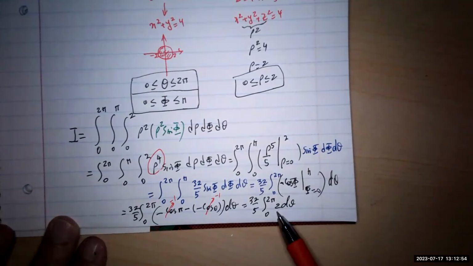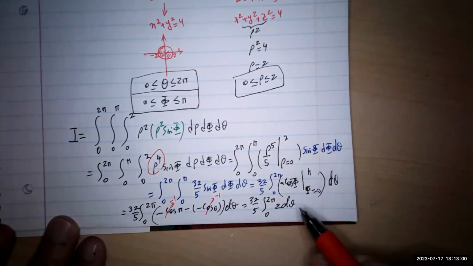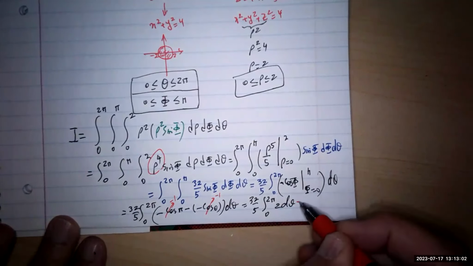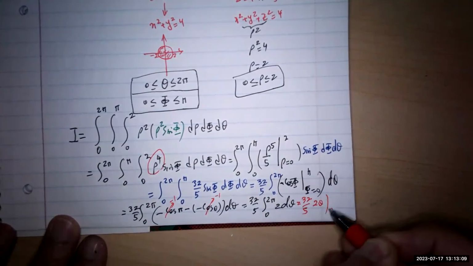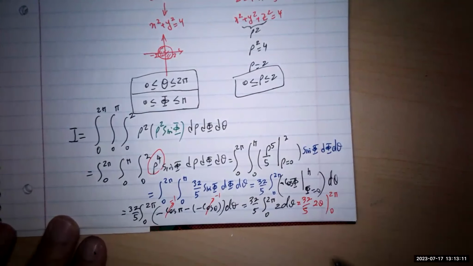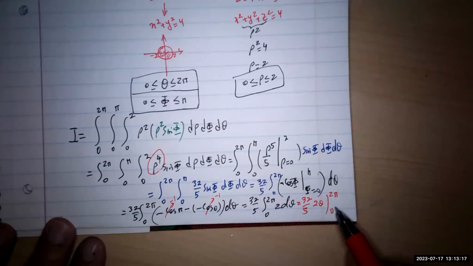So this integral would do 2 theta, replace the theta by 2 pi, so that gives 4 pi. So that would be equal to 32 fifths, okay, times the 2 theta from 0 to 2 pi. For the 0, we get nothing, okay, and then you have 2 times 2, 4. 4 times 32 would be 128.